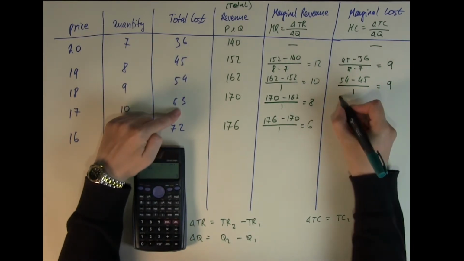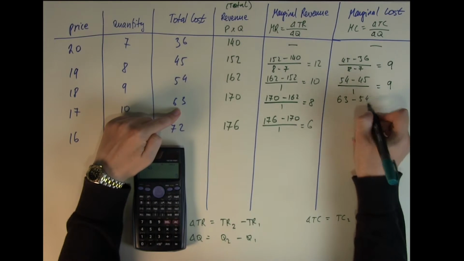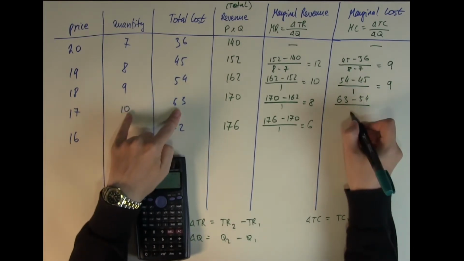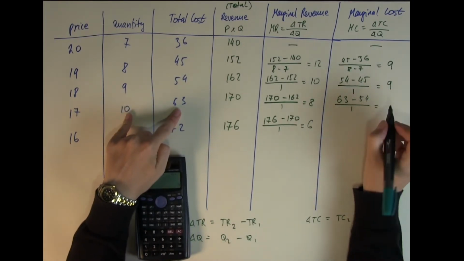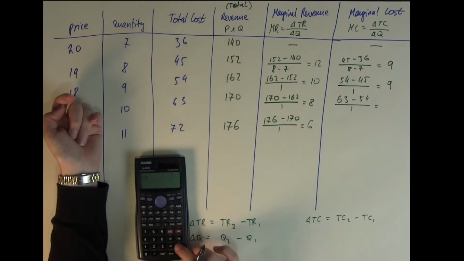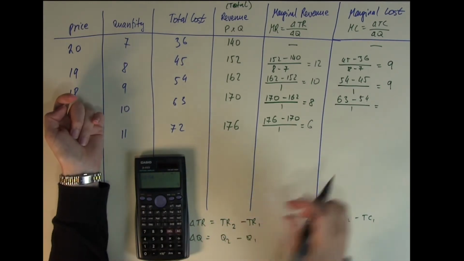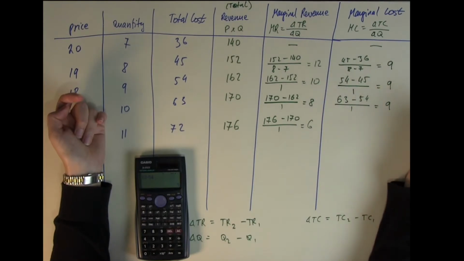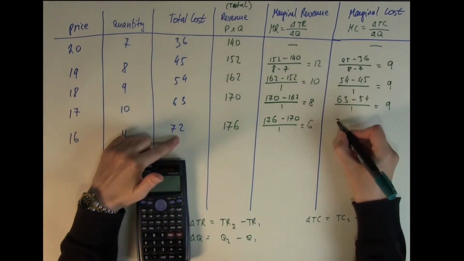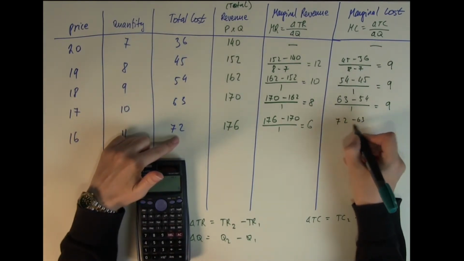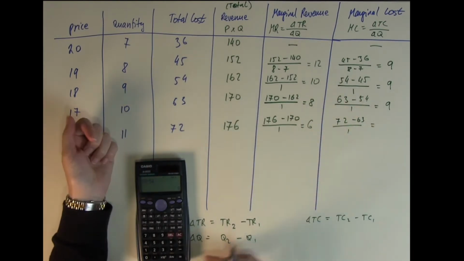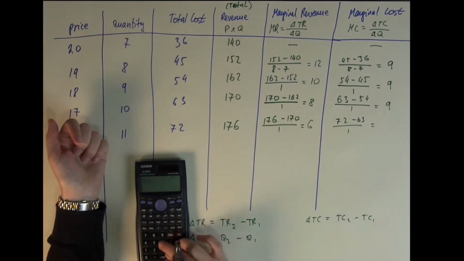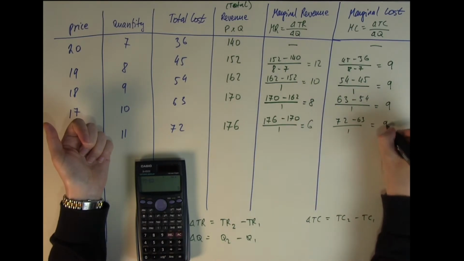The next one is 63 minus 54 over 1 again, because 10 minus 9 gives me 1. 63 minus 54, that's 9. And the last one is 72 minus 63 divided by 1. And surprise, surprise, that is also 9.